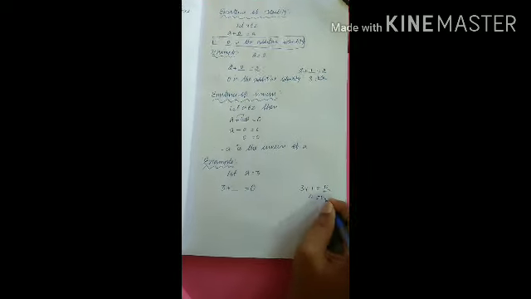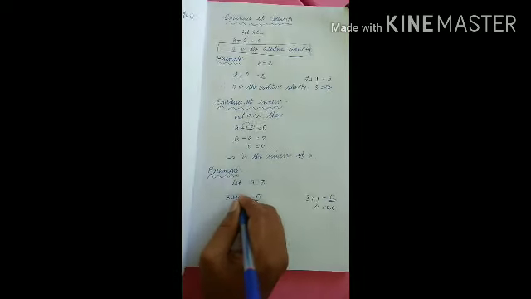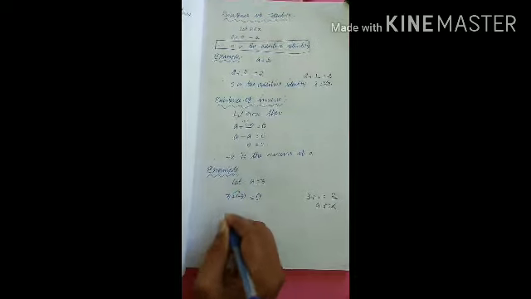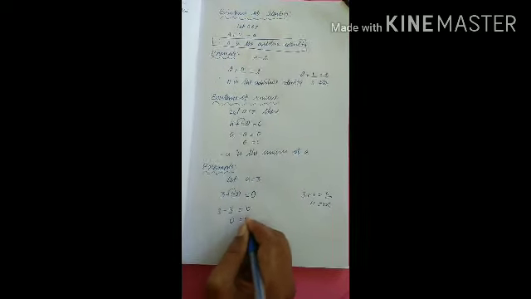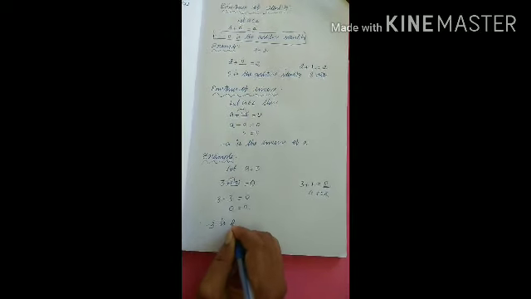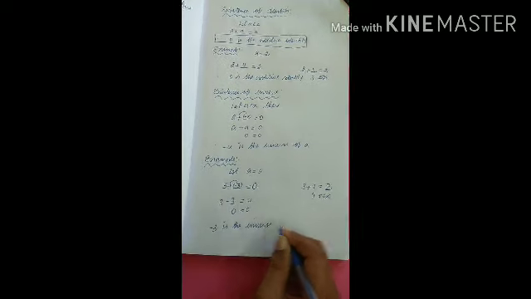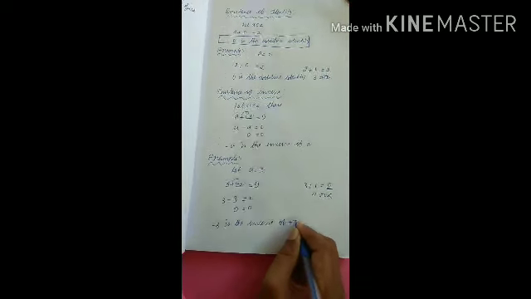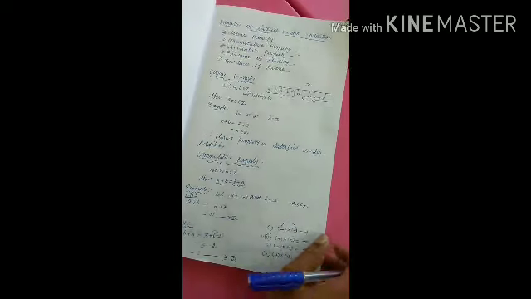This is not equal. This is wrong. Suppose we add minus 3, plus into minus equal to 0. Therefore 0 equal to 0. Therefore minus 3 is the inverse of plus 3. Okay, clear?